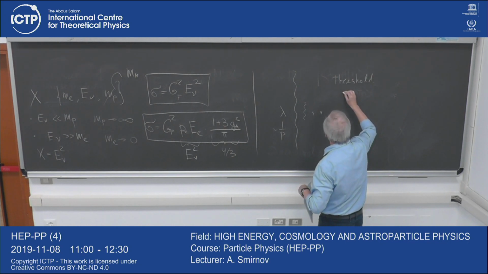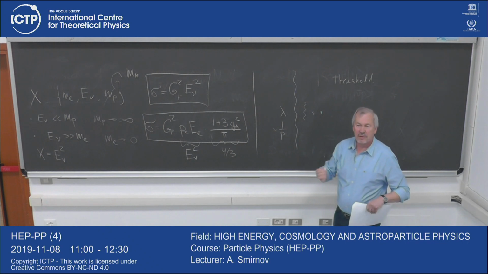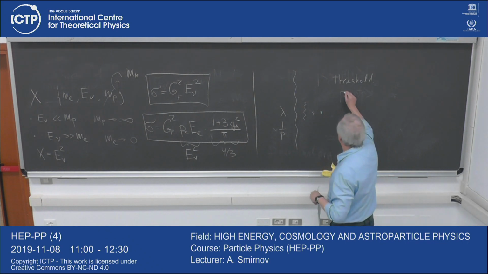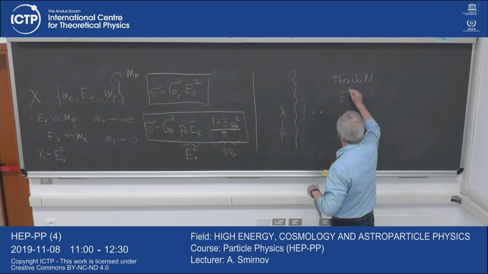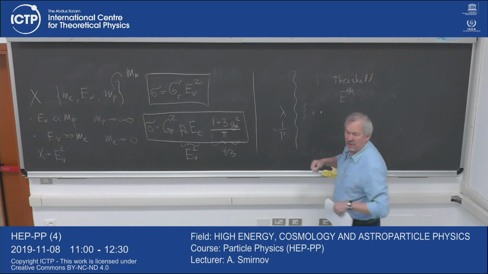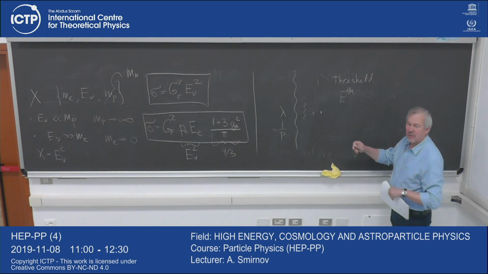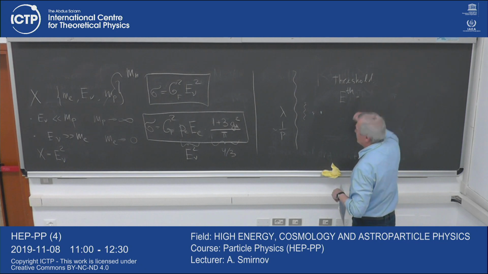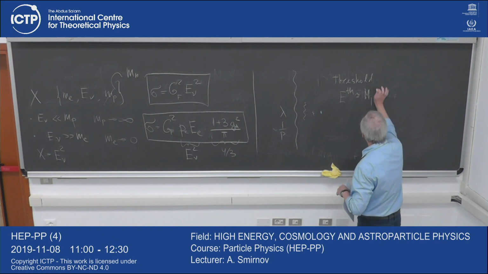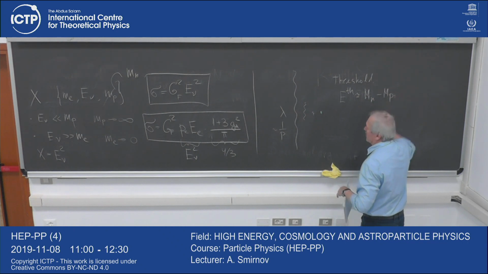This is because of the mass difference between the neutron and the proton. In the exercise you need to compute what this threshold is. It's of the order of 1 MeV. It's roughly the difference of the masses of the neutron and the proton.